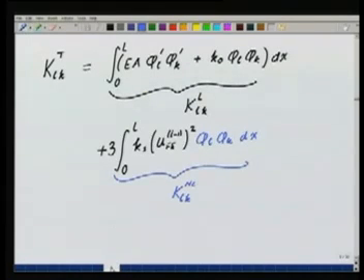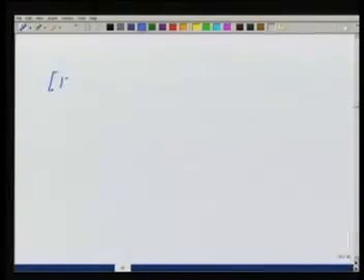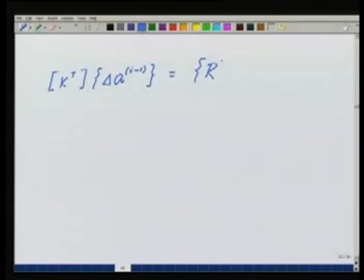Okay, so this way we can construct the tangent stiffness information each time, and so I will get K_T into ΔA at the step i−1. This is equal to R at the step i−1.